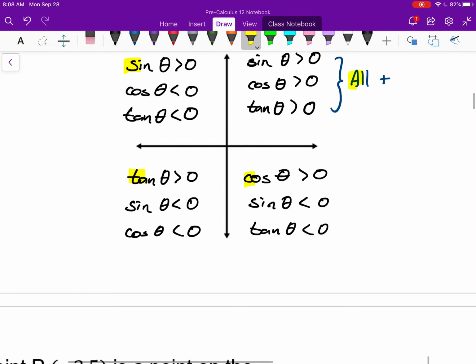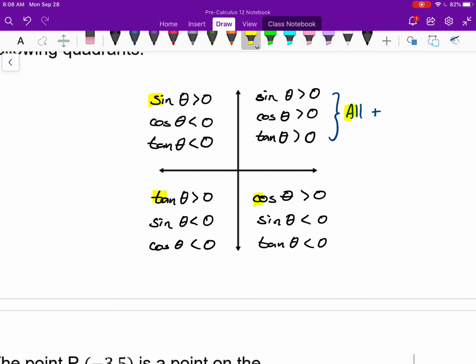You can easily memorize all of this if you can memorize those 4 letters in those 4 orders. A in the first quadrant, S in the second, T in the third, C in the fourth. We tend to call this the CAST rule. It's not really like a proper theorem or anything. Just a quick way of memorizing where different trigonometric functions are positive or negative in different quadrants. So again, if you can just memorize those 4 letters and those 4 orders.